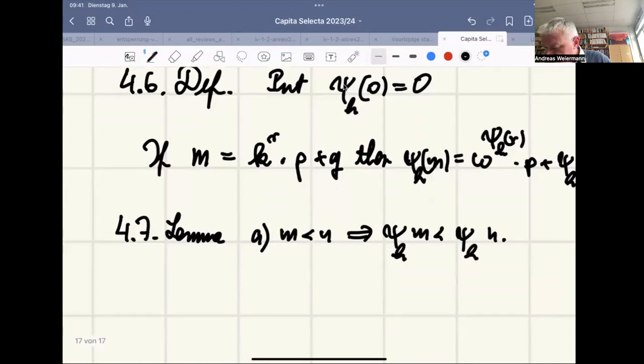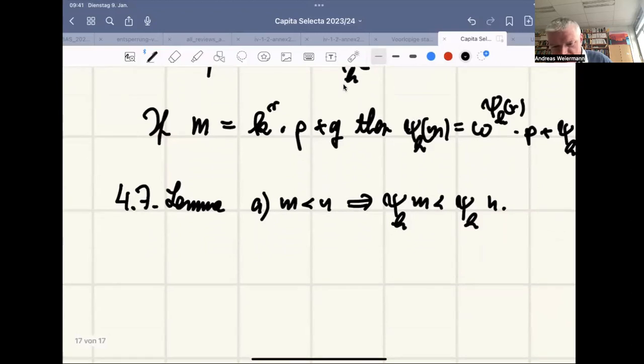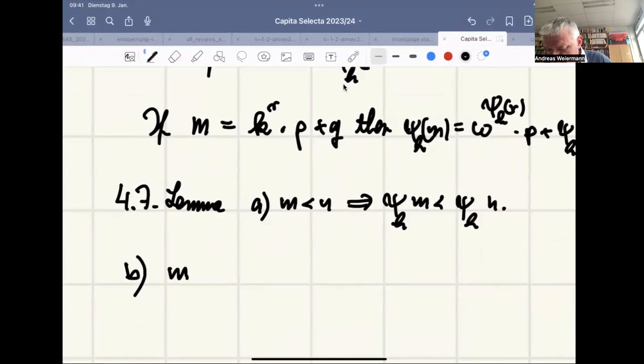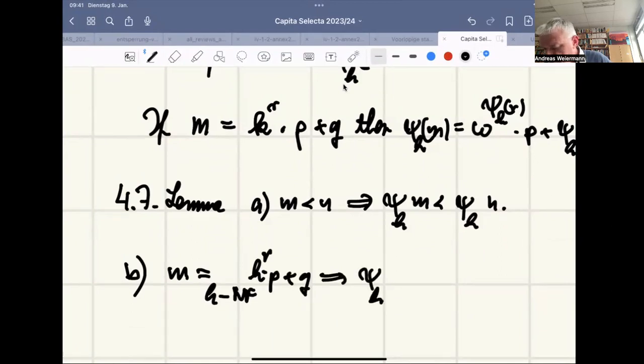It's not that a big surprise. B, now it's a bit funny, but it's absolutely crucial. Namely, if m is in Cantor normal form, a base k normal form, k to the r times p plus q, then ck of m is an ordinal.